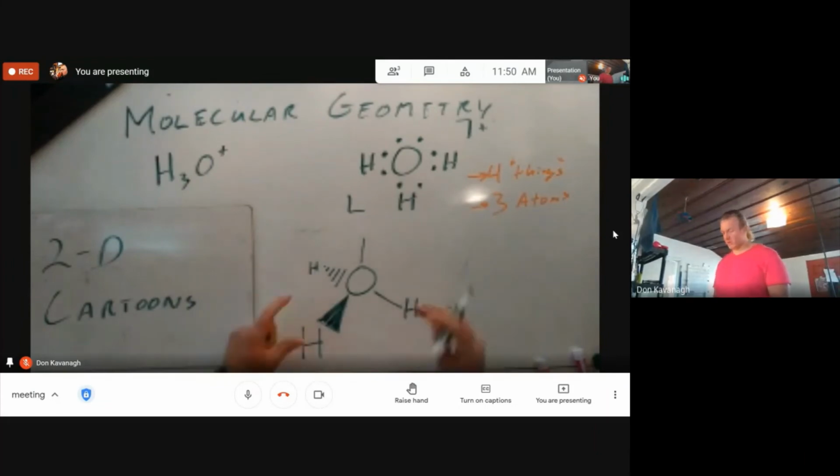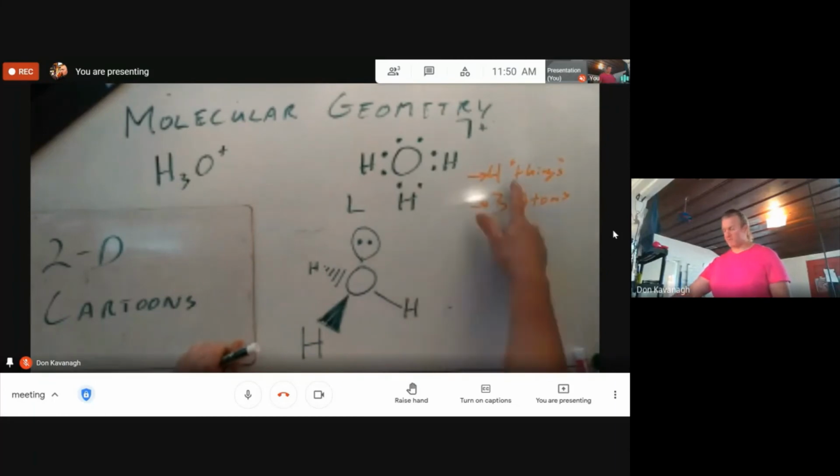I try to show the perspective there with that. And then up top, we have a lone pair of electrons, as a bubble of lone pair of electrons coming out here. Now, it's surrounded by 4 different things, and 3 of these things are atoms right here.